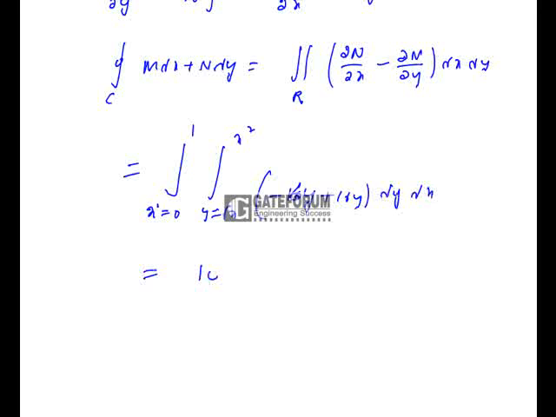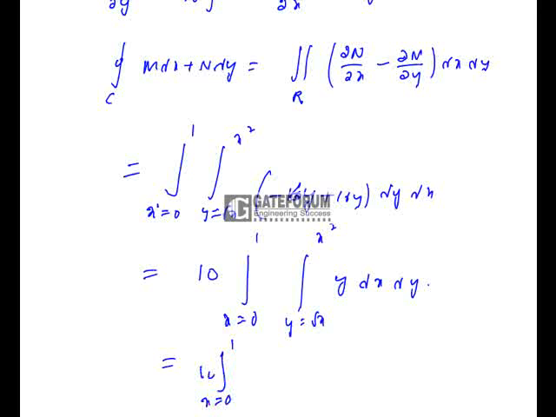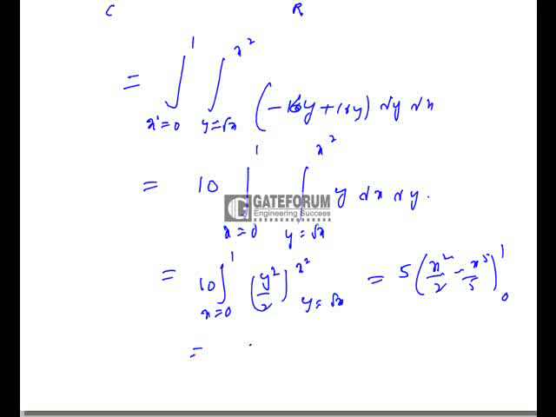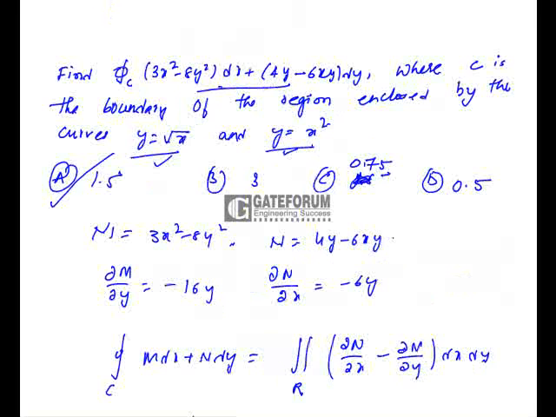This can be written as 10 times the integral x is equals to 0 to 1 and y is equals to root x to x square of y dx dy, and if we integrate it will be 10 times y square by 2 from y is equals to root x to x square, and this can be written as 5 times x square by 2 minus x power 5 by 5 after integrating twice over the limit 0 and 1, which is equals to 5 times half minus 1 by 5. If we simplify it is 3 by 2. That is answer is C.